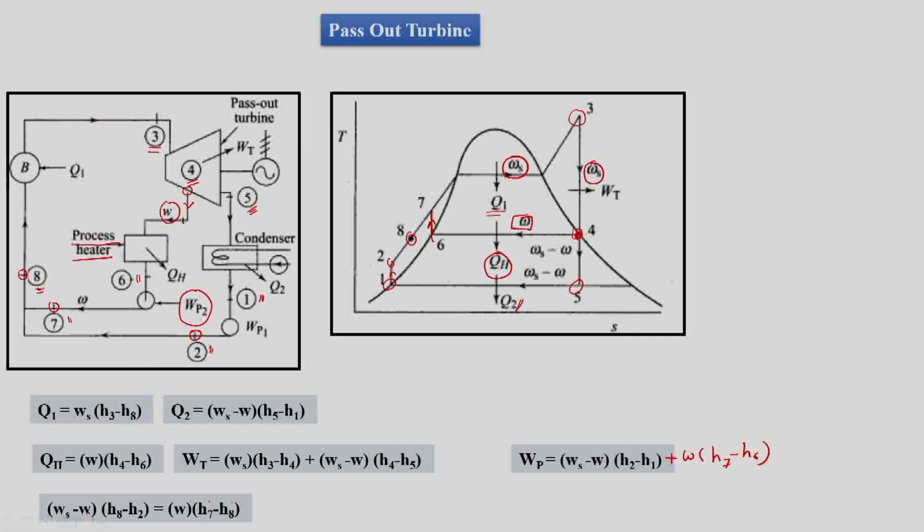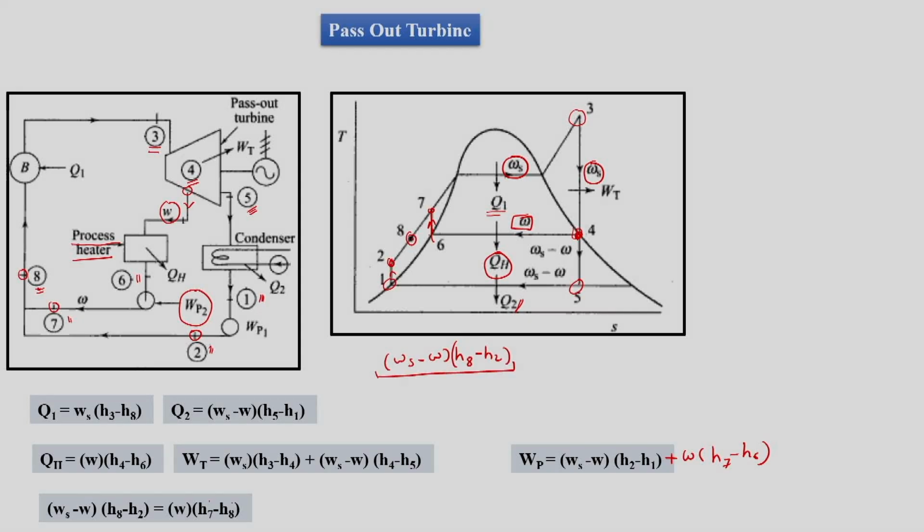Okay. So here we are writing the energy balance for the liquid mass of water which is getting mixed between the two states 2 and 7, and then it is forming 8. That is what we are writing: Ws minus W amount of water at state 2 is mixed with the water which is at state 7, and then it is changing its enthalpy to 8.